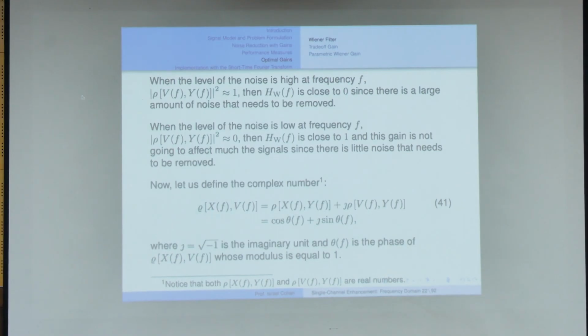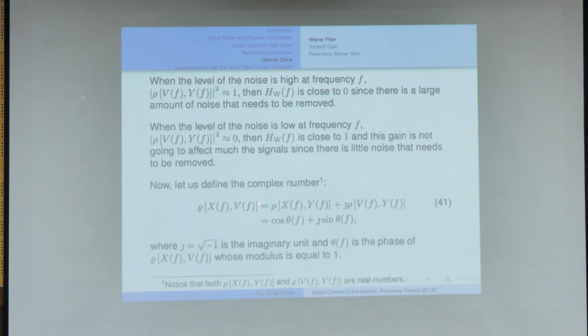We can also define something nice. You see, the coherence function is a real number, right? So we can define a complex coherence function between x and v.